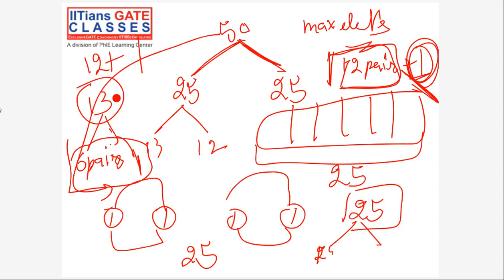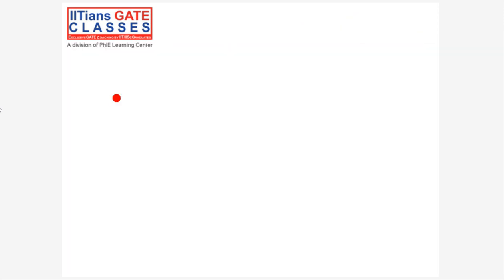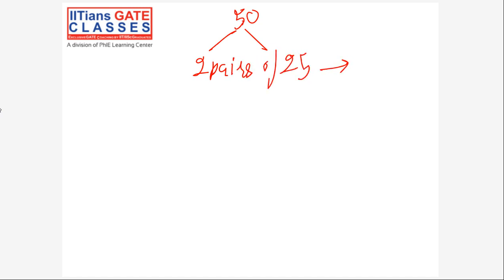So if I try and summarize this, something like this is happening. 50, 25 and 25, or I will say 2 pairs of 25. How many comparisons? 25 comparisons. Then how many will be left? Because after comparison, one will be greater, one will be smaller.